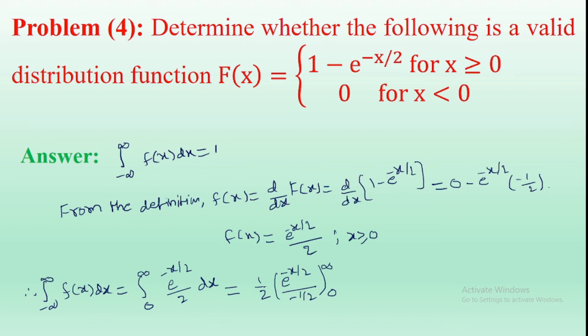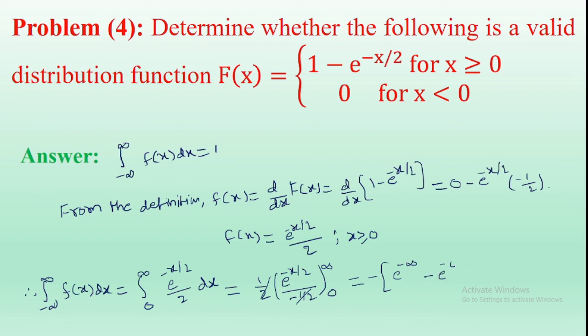The numerator and denominator 1 by 2 and minus 1 by 2 cancel, leaving minus of e power minus x by 2 over 0 to infinity. Now substitute the upper and lower values of x: e power minus infinity, minus e power minus 0.